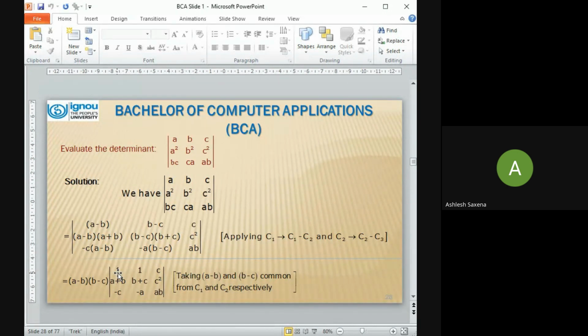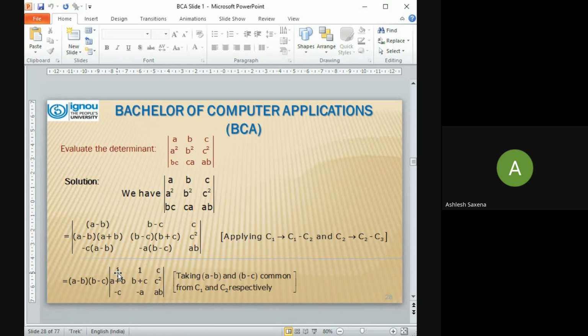Here I am doing that transformation across columns. As soon as that is done, I will take something common. What can be taken as common is taken common. A minus B is taken common. You are left with this. Again, the question arises: still, it cannot be opened. But what the theory says, you have to make the maximum elements 0. So here, with 1 and 1, one element can be made 0.